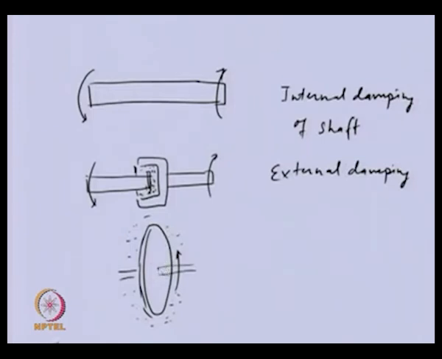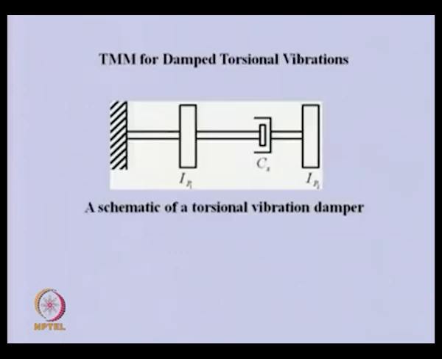So, let us see how we can analyze such a system. This is a picture of the external damper which is added between two discs in the shaft, and here this is the damping coefficient, Cs, and this coefficient multiplied by the relative velocity between either end of this shaft will give us the damping force.